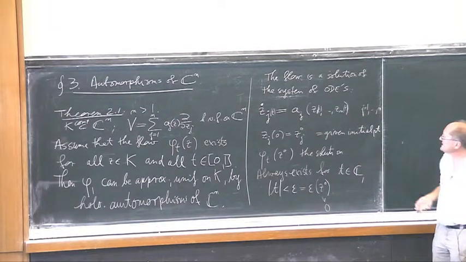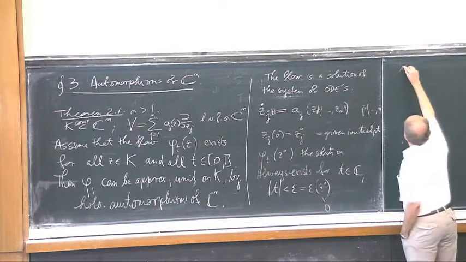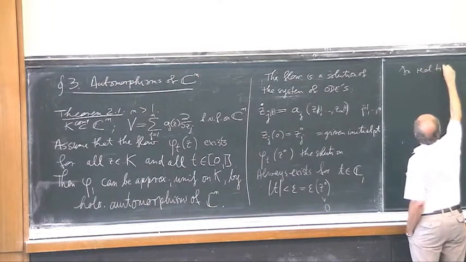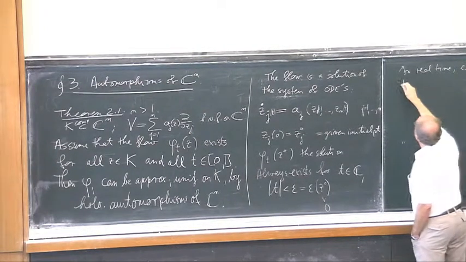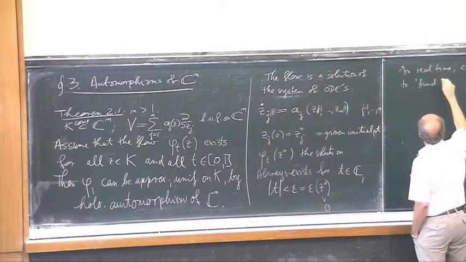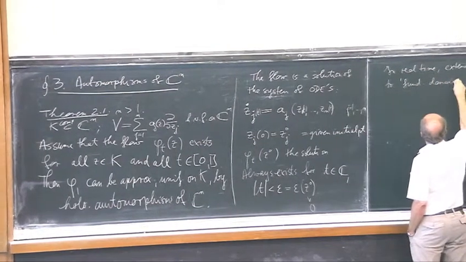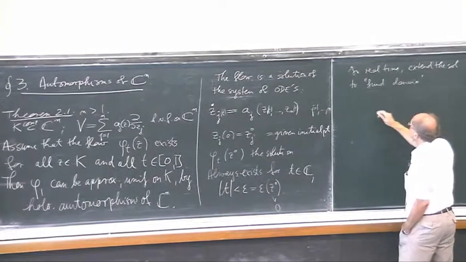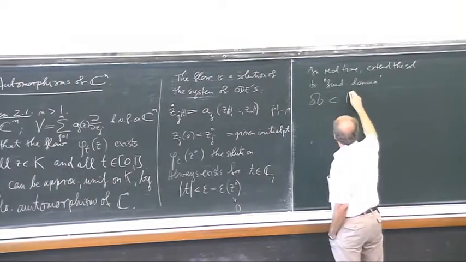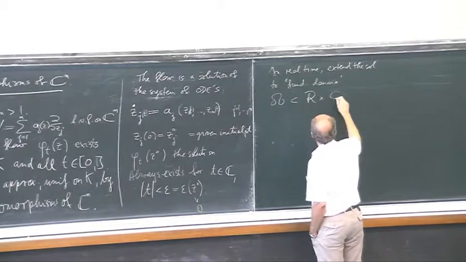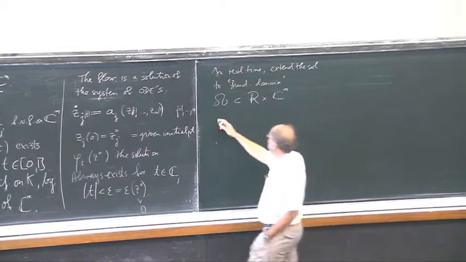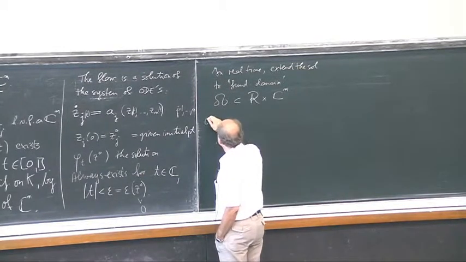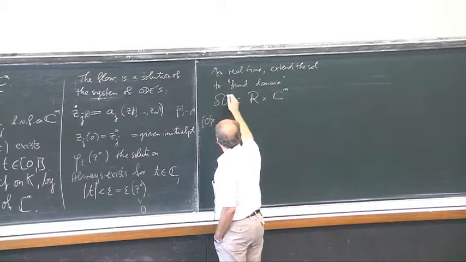Now, if you think of this system in real time, we can extend the solution to the so-called fundamental domain. This is the largest domain Omega in the product R cross Cn. In this case, you could have, of course, any manifold here. It's the largest domain which, of course, contains 0, so it's an open set.